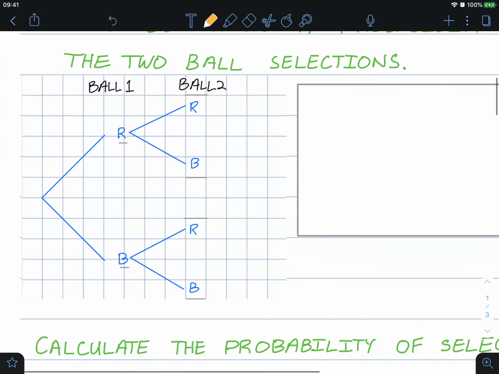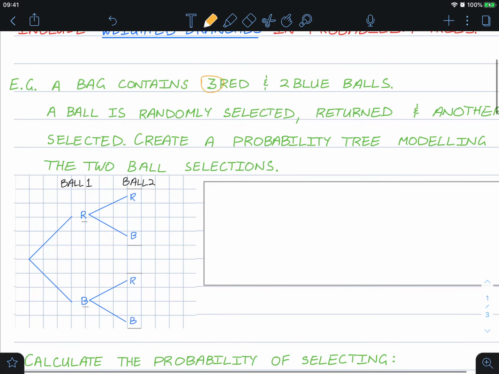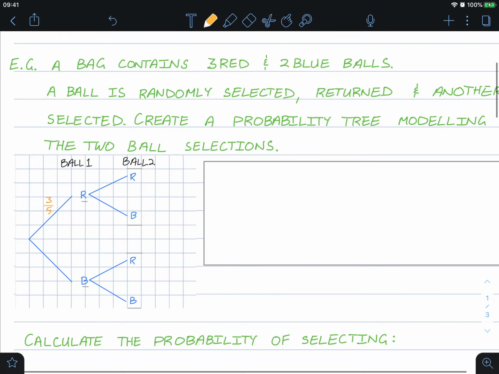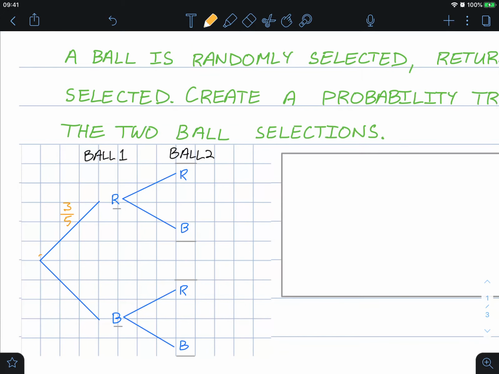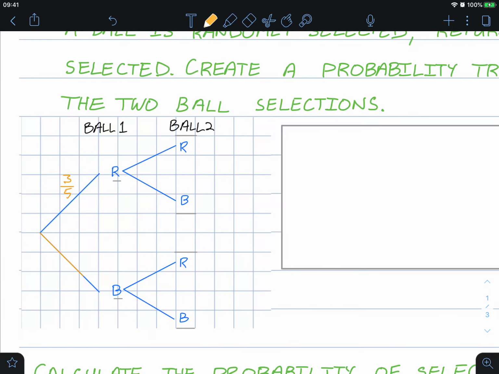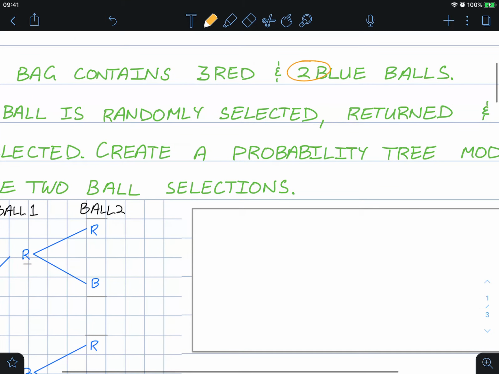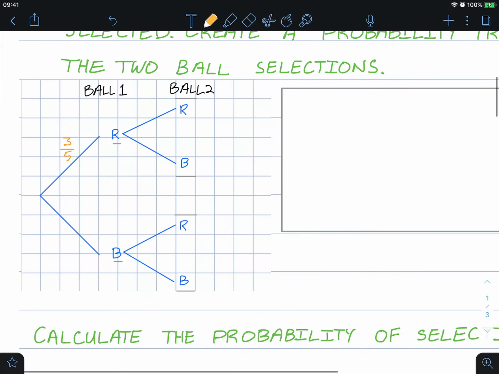The probability of selecting a red ball is 3, because there are 3 red balls, out of a total of 5. So the probability going to this path is 3 out of 5. As for going down this path, the blue ball, there are 2 blue balls in the bag. So 2 out of 5.